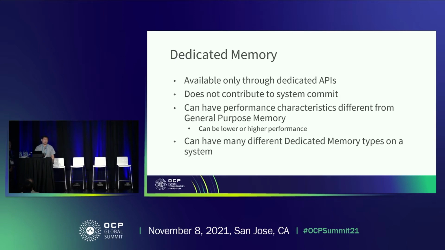The performance characteristics of dedicated memory are going to be different from general purpose memory. The performance could be either higher or lower, or it could even be equal to the performance available in the general purpose memory category. On a system, we expect that there can be many different dedicated memory types that could potentially reside on a single system.